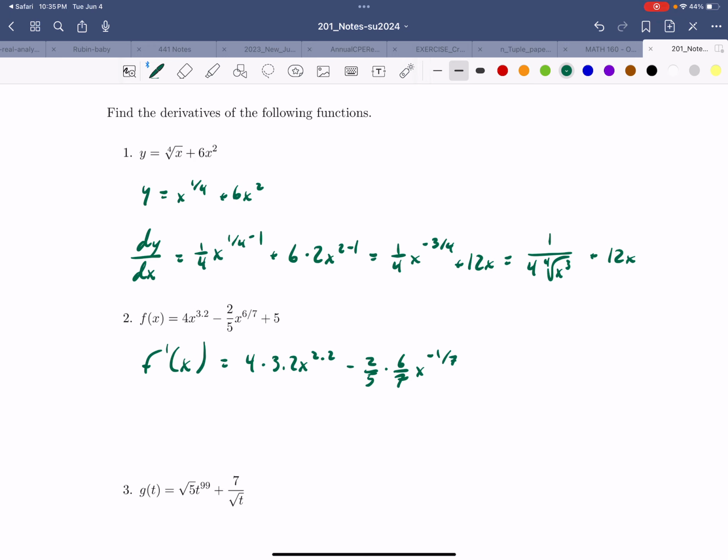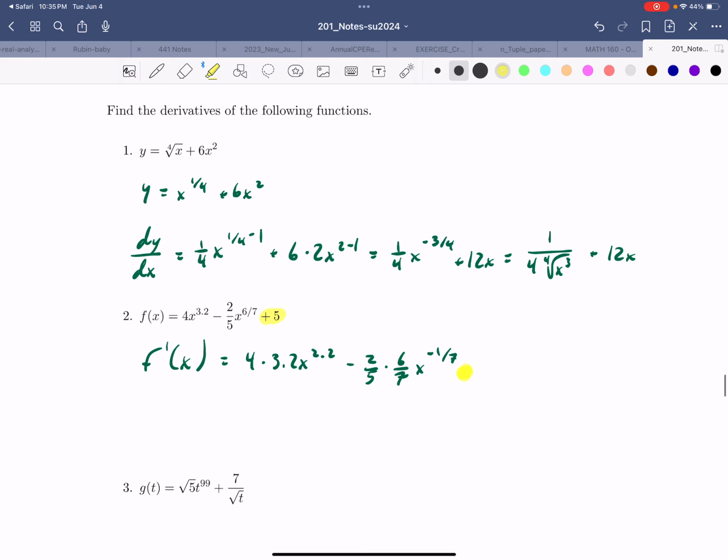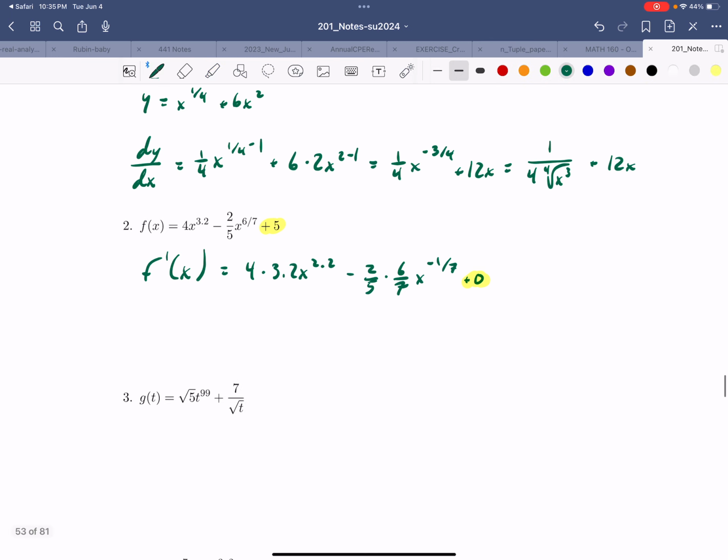And then what happens to the 5? The plus 5 actually goes away, because the derivative of 5, I'm just going to write plus 0. It goes away. The derivative of a constant is always 0. It doesn't matter how big the constant is.